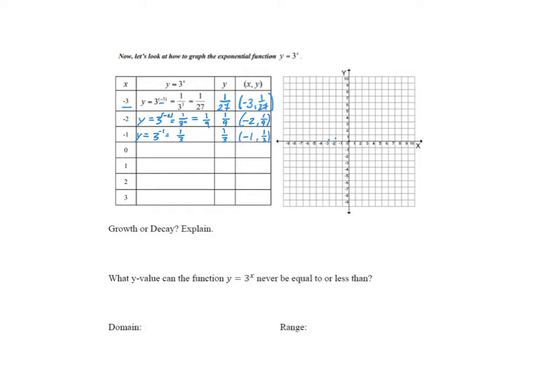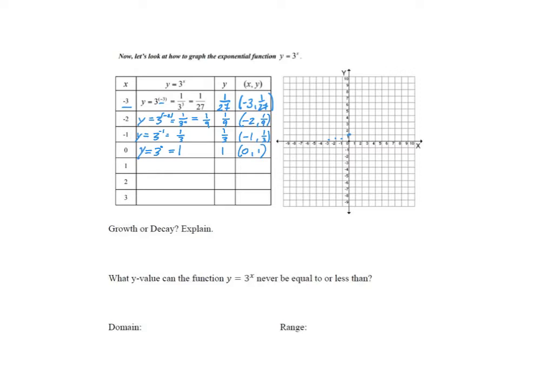As you can see, I'm still quite a distance away from my 1 value. All right, what happens when x is 0? So if I have y is equal to 3 raised to the 0, hopefully you remember that any number raised to the 0 is equal to 1. So when 0 was my input, 1 is going to be my output. So the ordered pair here is 0, 1.